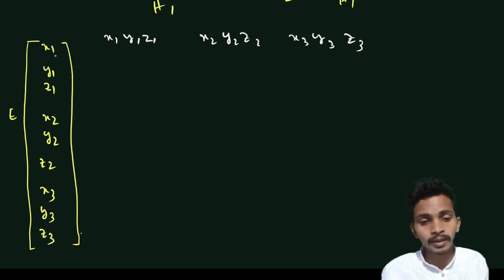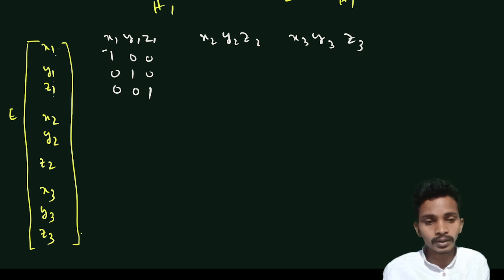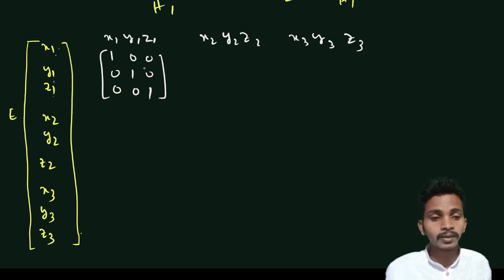First I will apply to x1 y1 z1, so this is 1, 0 0, 0 1 0, 0 0 1. This is the unity identity matrix, with 1 on the diagonal and 0 elsewhere, which we have already discussed in the previous class.